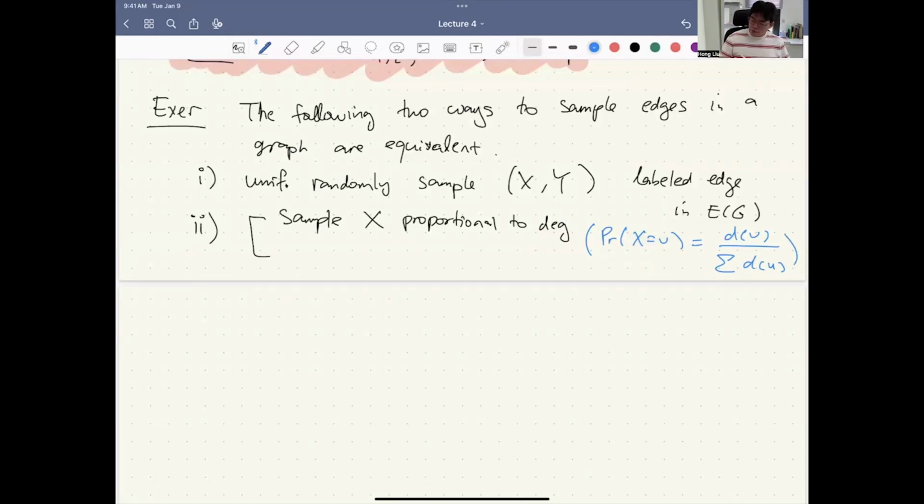After sampling x proportional to degree, you sample y uniformly from the neighbors of x. Prove that these two are the same, which is intuitive also.